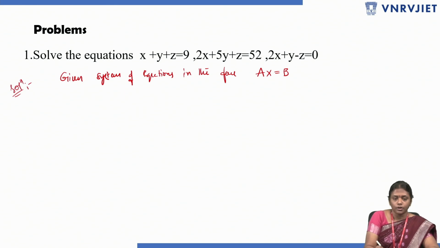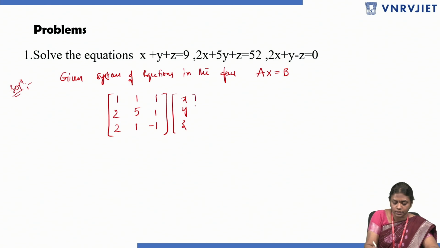Now what are the coefficients of x plus y plus z? 1, 1, 1. The second equation, 2, 5, 1. And the third equation, 2, 1, minus 1. So this is the coefficient matrix A, and the matrix of unknowns X, that is x, y, z, which is equal to the constant matrix 9, 52 and 0.